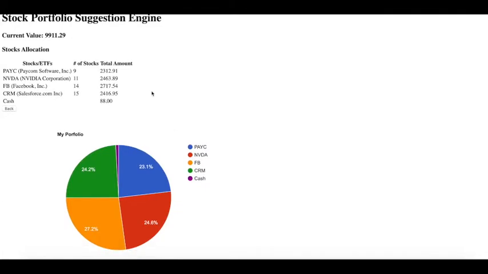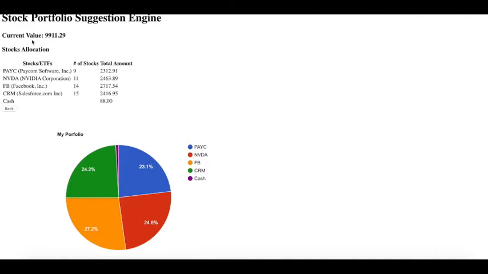We can see in the pie chart we have an almost even distribution for the 4 stocks, each of them around 25%, and the investment amount is rolled over. Finally, Facebook has a little bit more than 25% of our investment, and we still have $88 left.